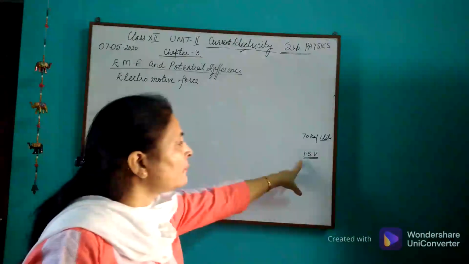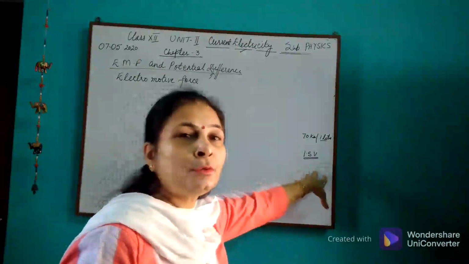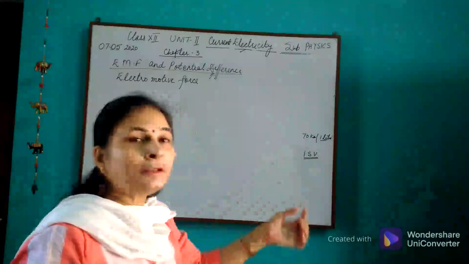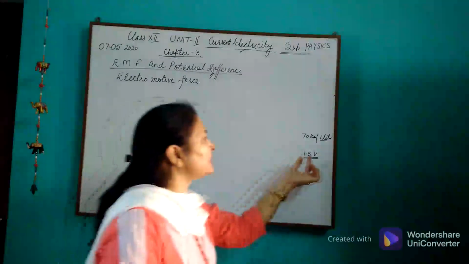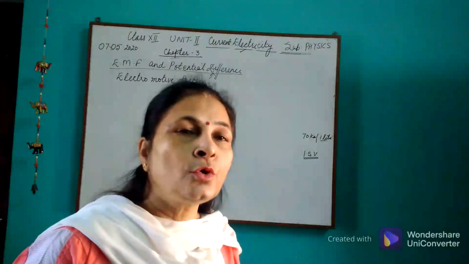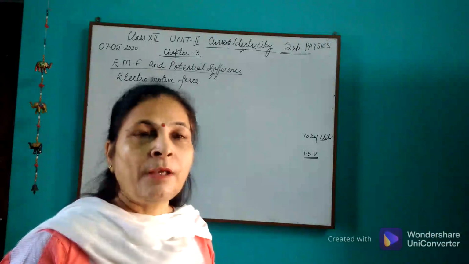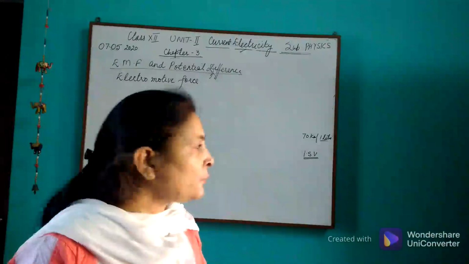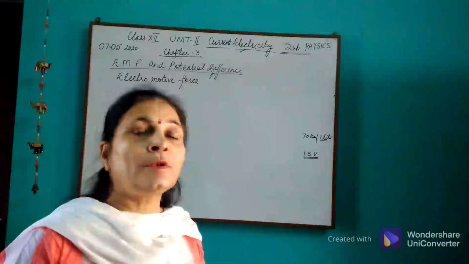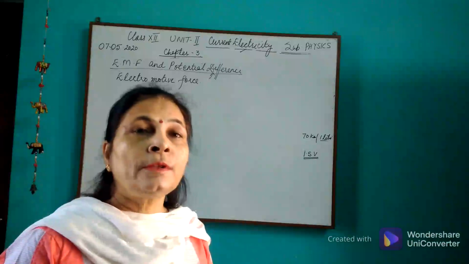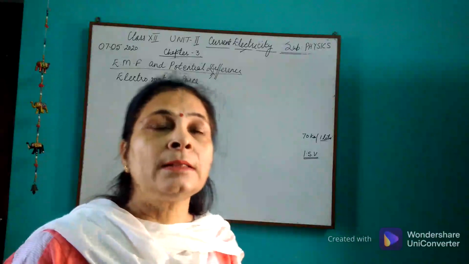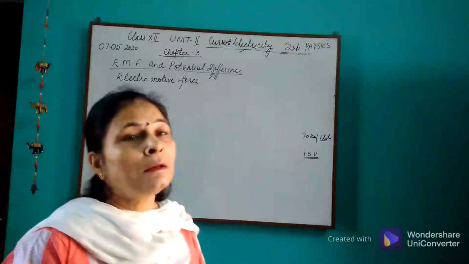See, as soon as this 1.5 volt source comes into the circuit and some current is drawn from it, the internal resistance of the cell also comes into the circuit, which we usually neglect, being very small. But as we keep on using the cell, this internal resistance keeps on increasing because of the reactions, and also the chemicals inside the cell start decreasing.